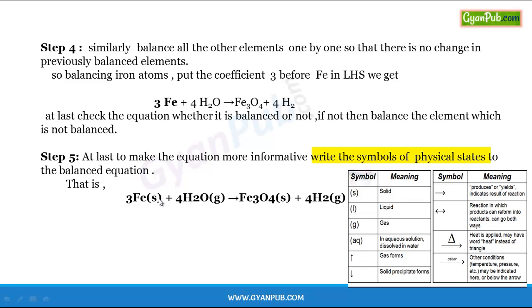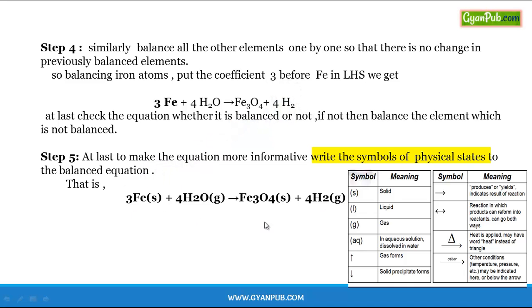So 3Fe in brackets S plus 4H2O, which is in gaseous state, so we put the gas symbol G, on reaction gives rise to ferric oxide, Fe3O4, which is a solid again, so we put S between brackets, and 4H2, 4 times hydrogen gas, so we put the gas symbol G again.